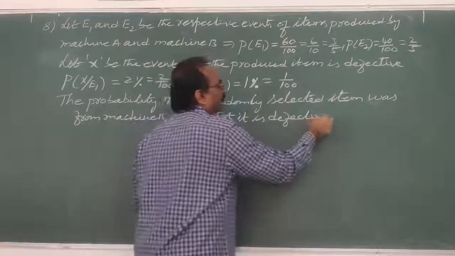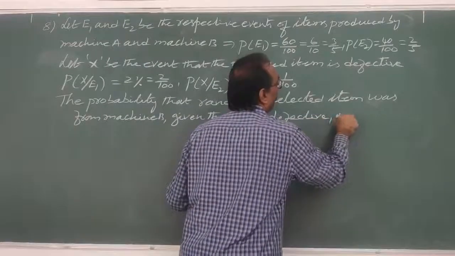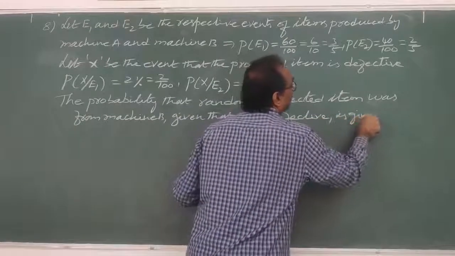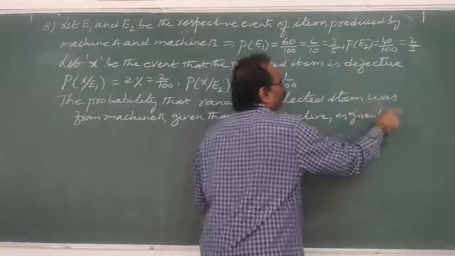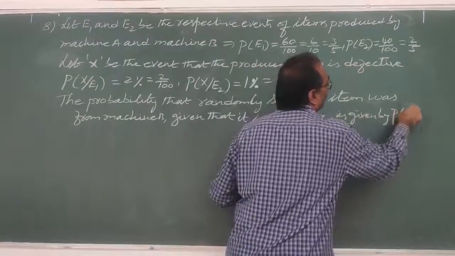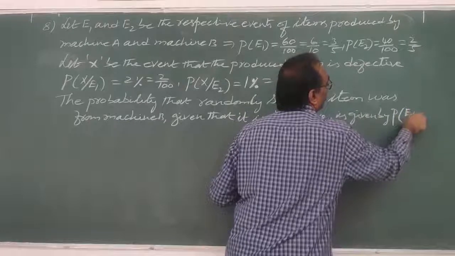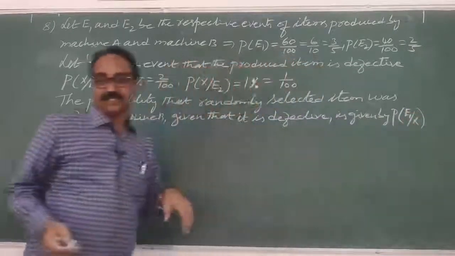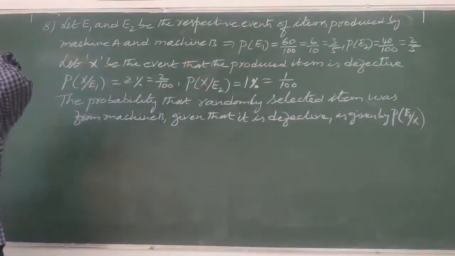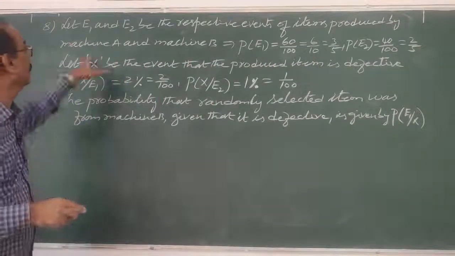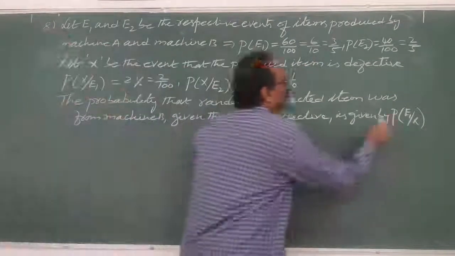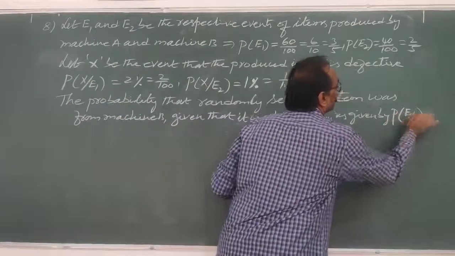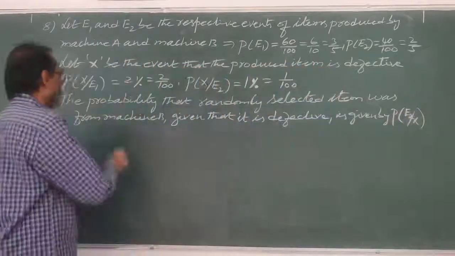How will we represent it? Comma means given. I will write P of E2 given X. Machine B means E2, E1 means A. So E2 given X. So what will we write now?